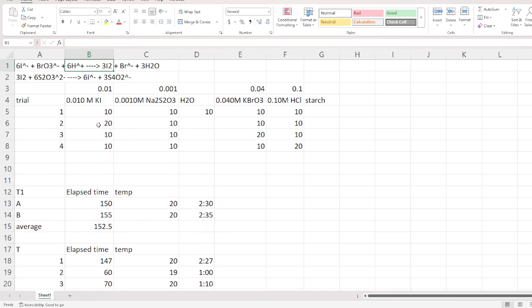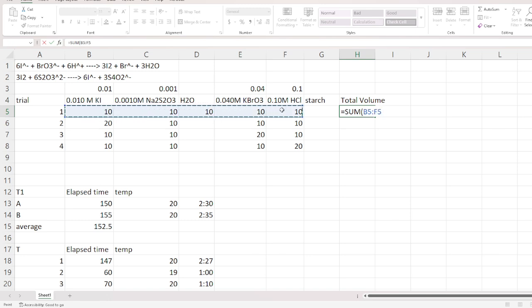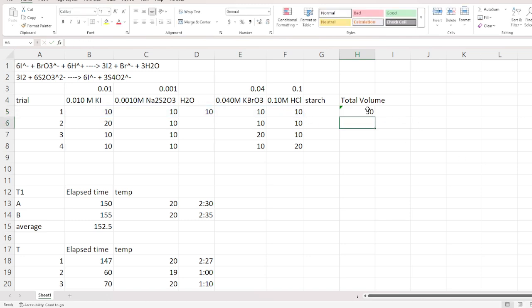Now, going back up to here, what is my total volume? My total volume will be the sum of all of the volumes for a trial. So I can hit equals sum, parenthesis, and highlight all these values. So sum 50.